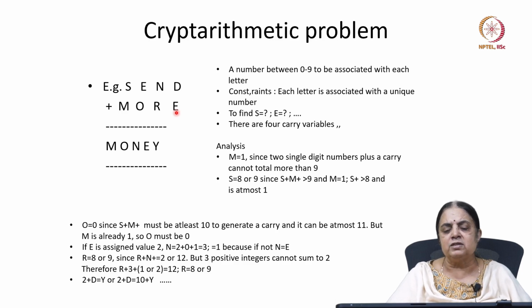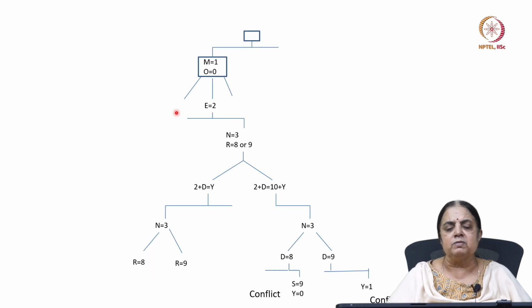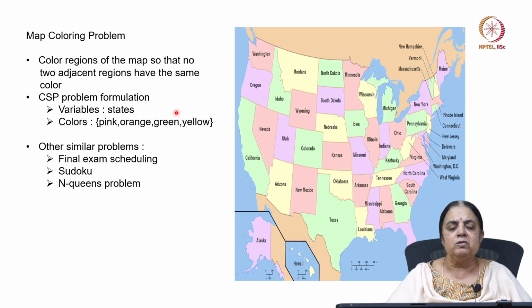So all these constraints, if you put together, you find that it brings down the search space in cryptarithmetic problems. You also have other constraint problems like the map coloring problem.